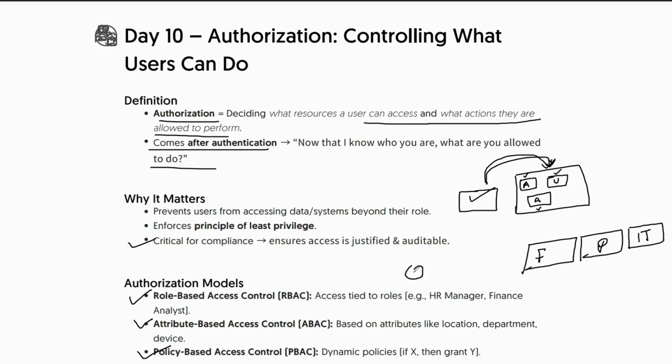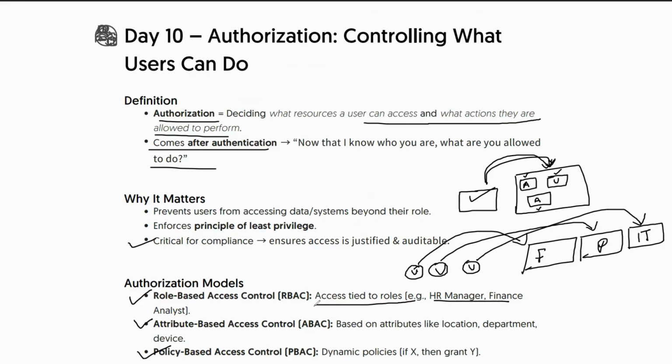At a high level, if I'm giving this user access because that person has joined as part of the finance team, I'll give the user finance access. This user, I'll give them access to payroll, and this user, I'll give them access to IT. Right? So the way in which access is granted based on roles and responsibilities, access tied to roles like HR, is called role-based access control.